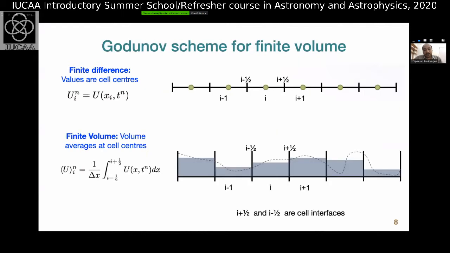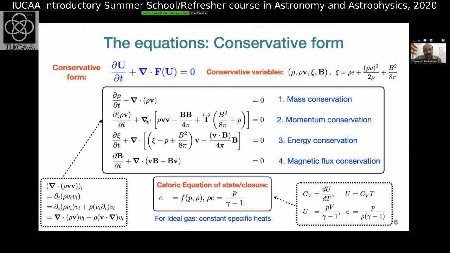But the good thing about this scheme is, as I will show you for the finite volume scheme, you do not have to take derivatives anywhere, because you work in this conservative form of the equations, which has derivatives.